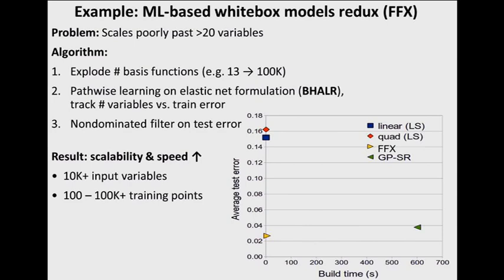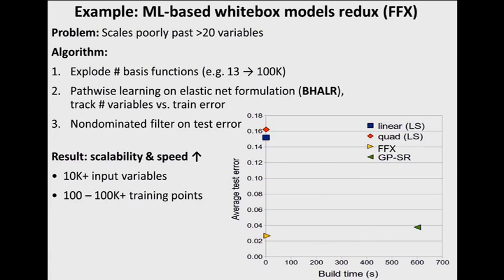The second step is you apply these BHALR algorithms, big, hairy, audacious linear regression algorithms to solve it. And on this elastic net formulation, which if you guys don't know, it's a really happy marriage between lasso and ridge regression. Lasso is a little too aggressive in pruning variables. Ridge regression is a little too non-aggressive. So elastic net is sort of the happy medium.